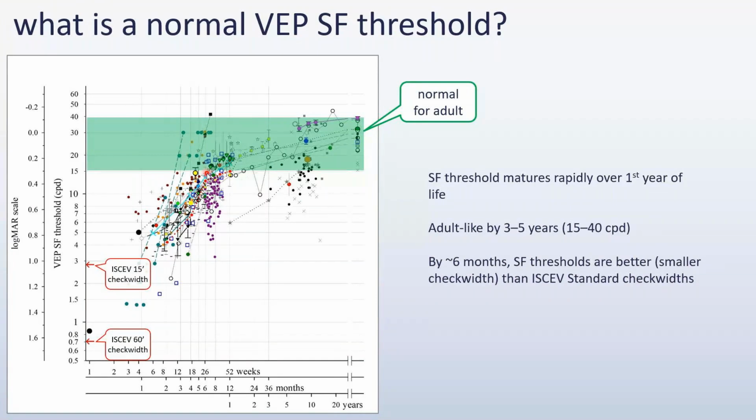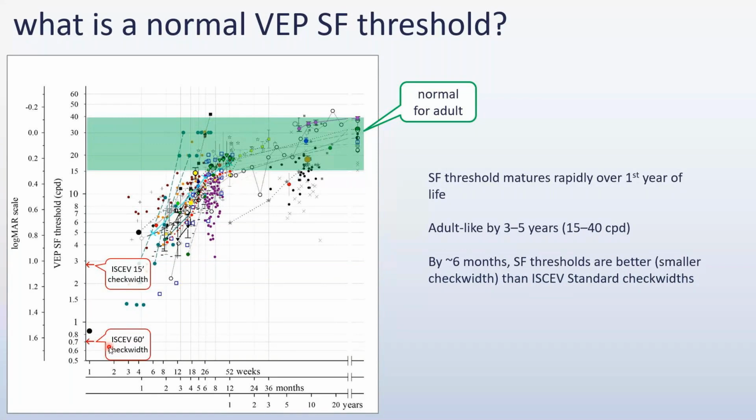And it's quite clear that the spatial frequency threshold matures rapidly over the first year of life. It's adult-like, by which we mean about 15 to 40 cycles per degree typically, by around about preschool, start of school age. And it's worth pointing out, I've indicated here in the red boxes, the ISCEV standard check widths.